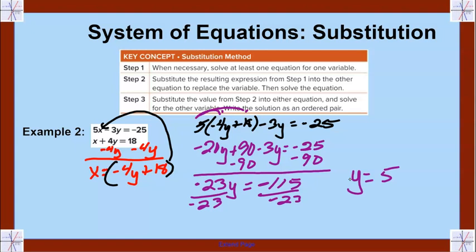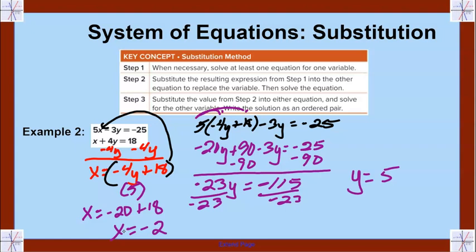Now that I know what y is, I'm going to substitute the 5 in for y. And I'm going to use this rewritten equation because that already has x by itself. So I have -4 times 5 is -20, plus 18 is going to give me -2.